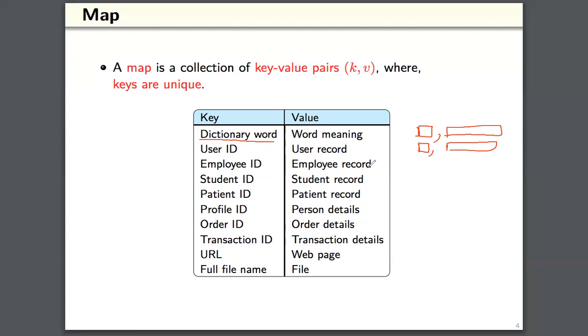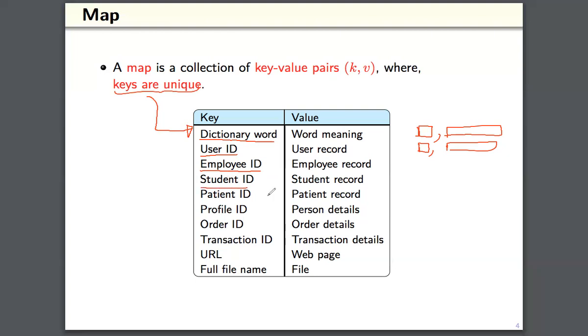Employee ID, employee record: age, salary, work, joining date, and so on. All employee records are here, and employee ID is the key. These are all unique. The first column is unique, right?